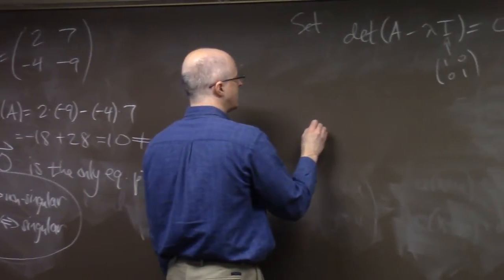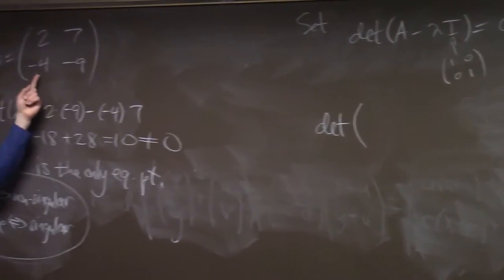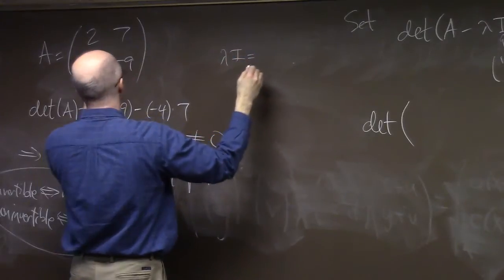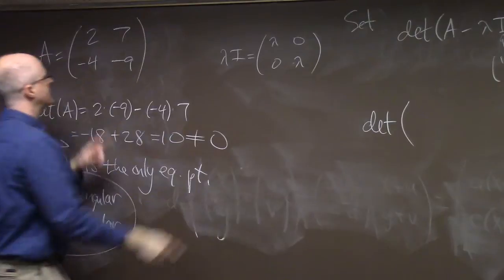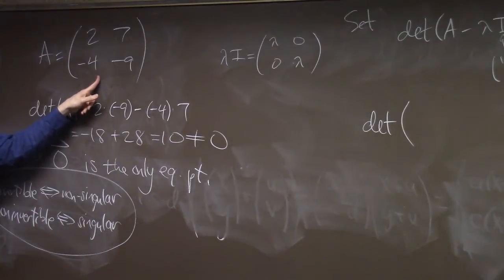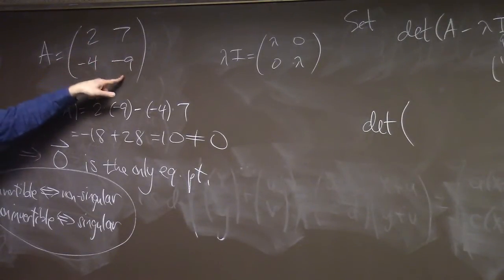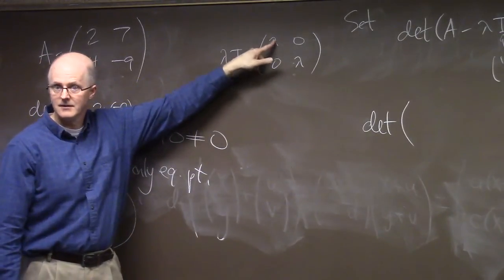Anyway, if I do this calculation, I need to imagine subtracting lambda times I from this matrix. In other words, subtracting that matrix from this one. You should practice this enough to do it well in your head. You just have to focus on subtracting lambda from the entries along the main diagonal, because these lambdas are only on the main diagonal here.